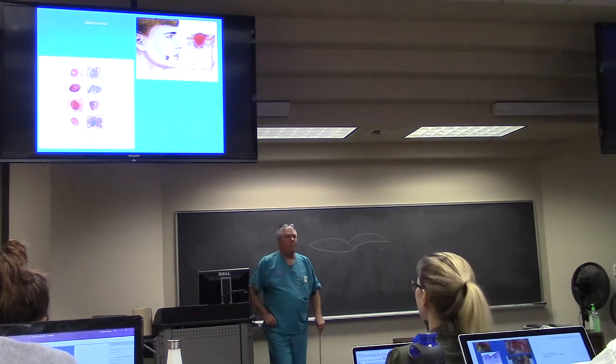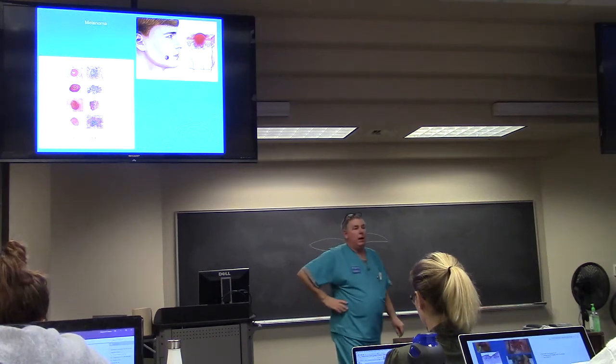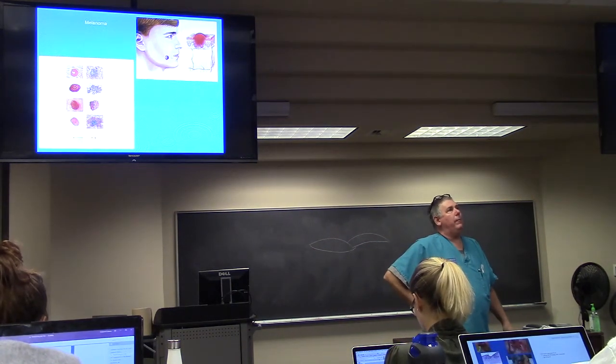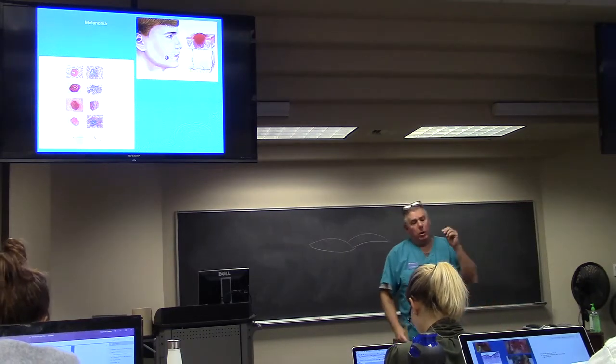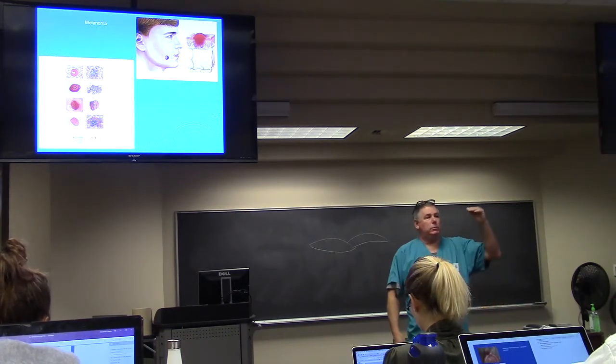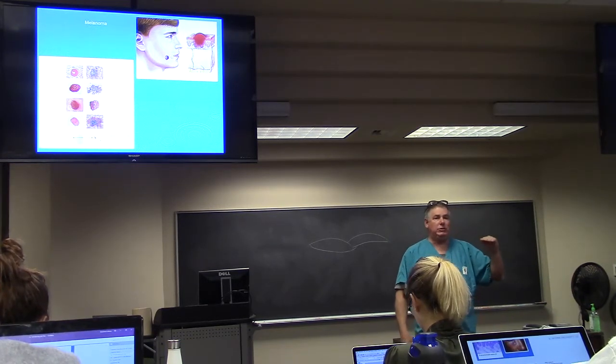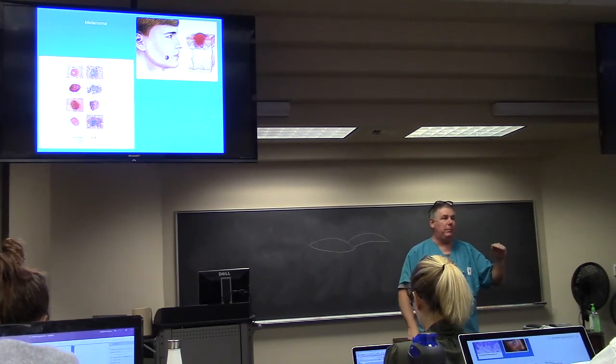Versus melanoma. Melanoma is obviously derived from mutated melanocytes. They are superficial to the basement membrane. That's how they start out, superficial to the basement membrane.